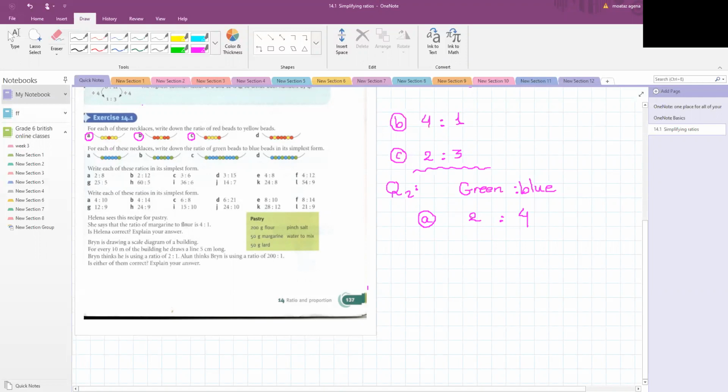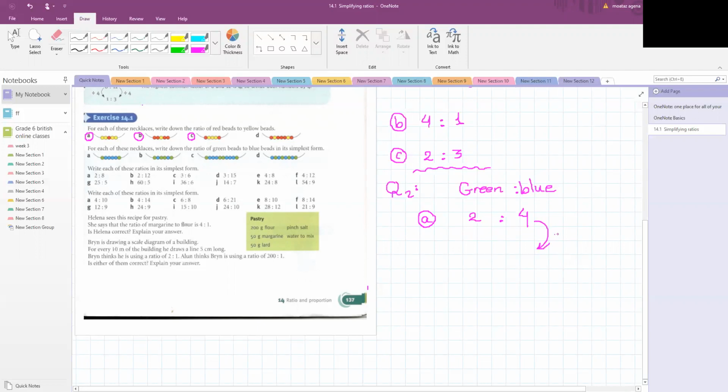Why? Because here we can simplify it. How can we simplify the ratio? We will divide the ratio by the highest common factor, or the greatest common factor. What is the greatest common factor between 2 and 4? We can divide 2 and 4 by what?